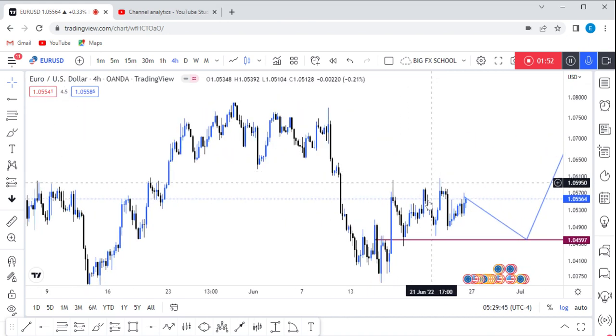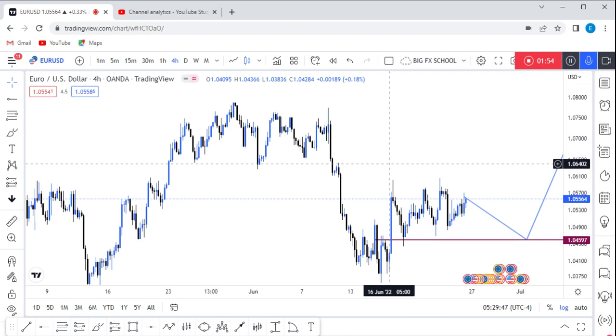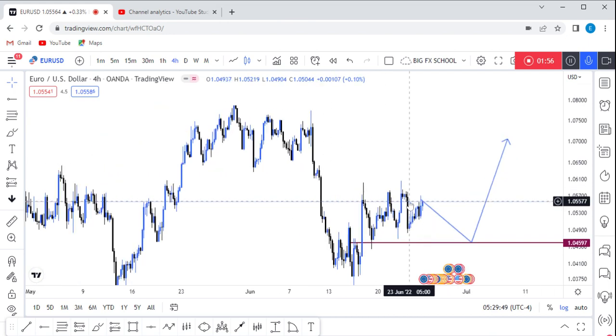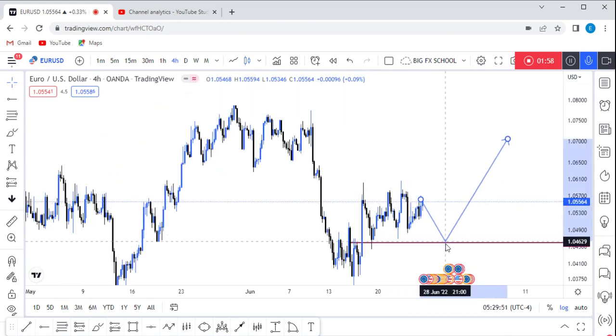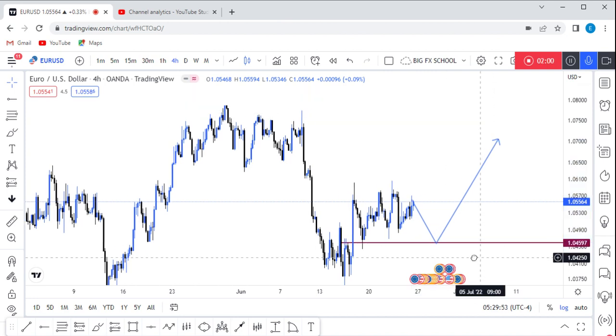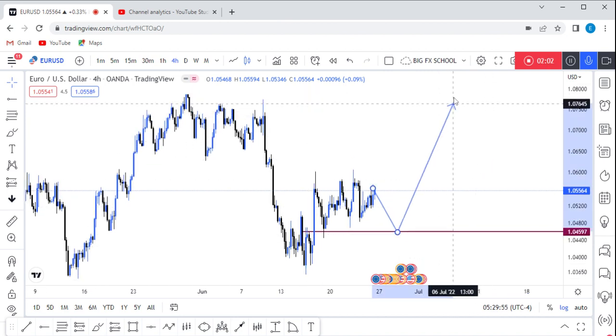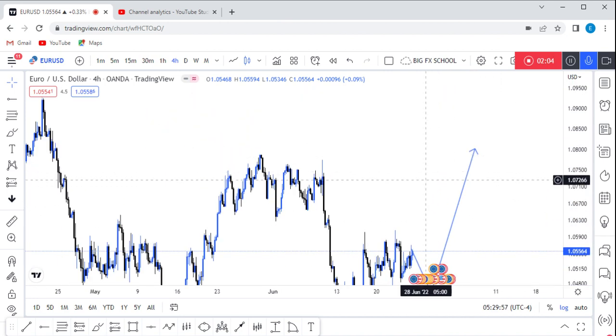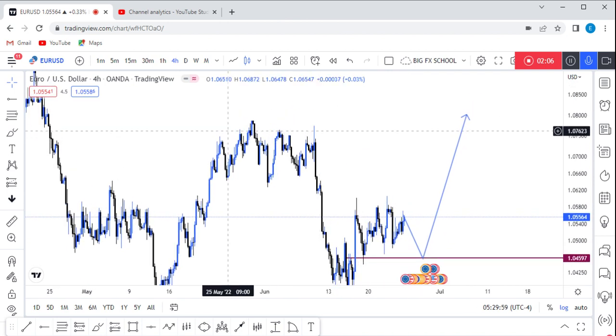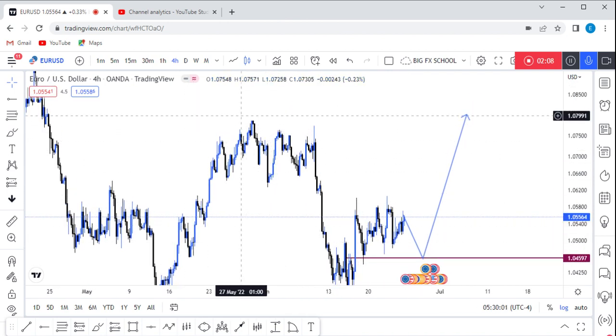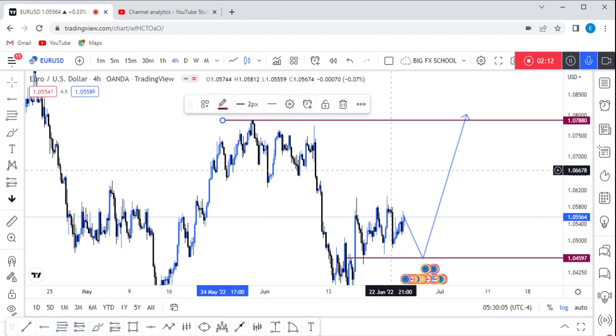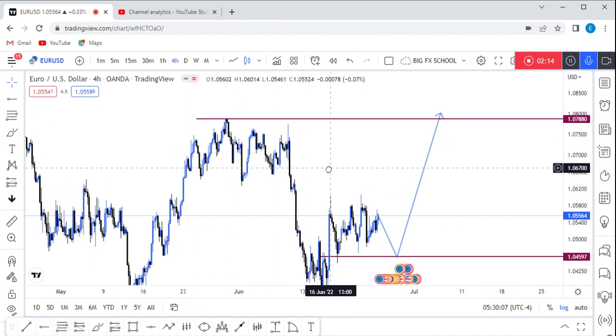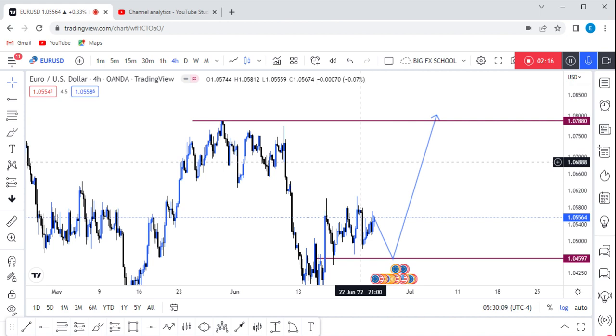If you are in a buying trade, you may break even and hold. But if you are not yet in the trade, you may wait for the market to fall to this level so that you can take your buy trade. Your first take profit will be when the market reaches this zone. So EUR/USD will be buying.